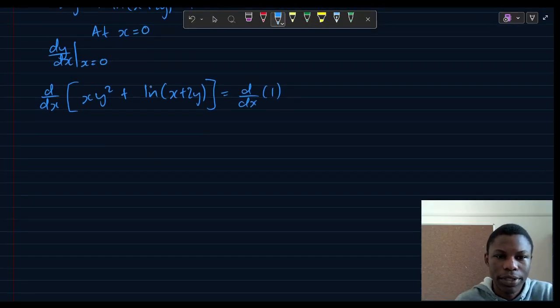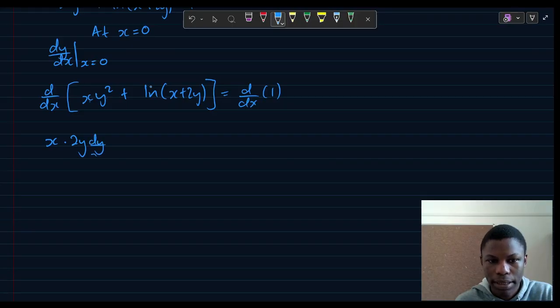So if you differentiate xy squared, this is a product. So first hold the x, differentiate y squared. You differentiate y squared, you're going to get 2y dy/dx. Now hold the y squared and differentiate the x. You differentiate x, you get 1.